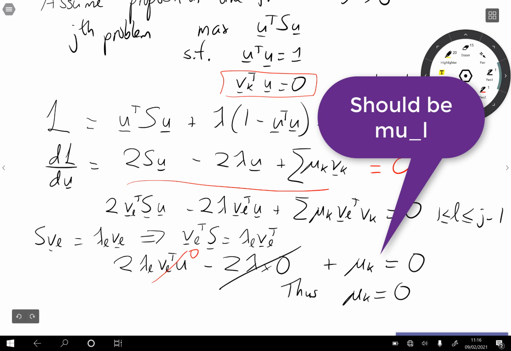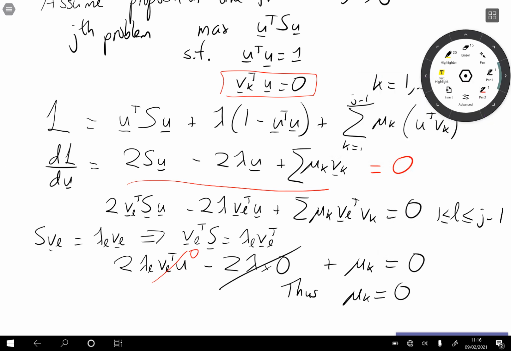So going back to our expression here, this here should have read mu_l, shouldn't it? Because when we multiply by v_l here, we pick out the element of this sum, mu_l.